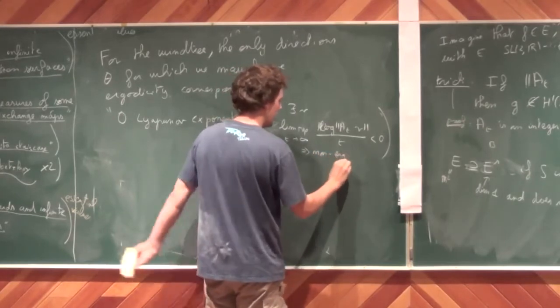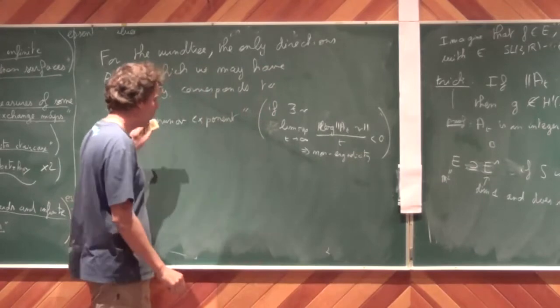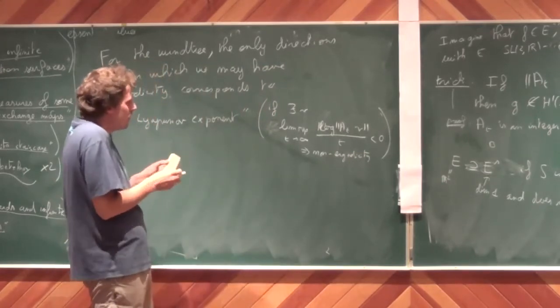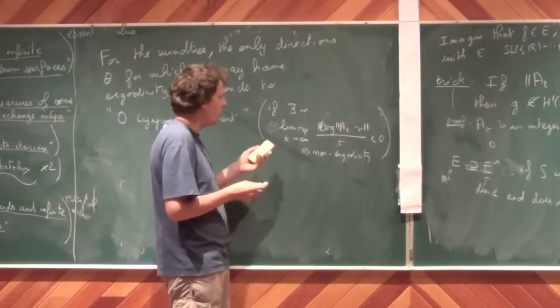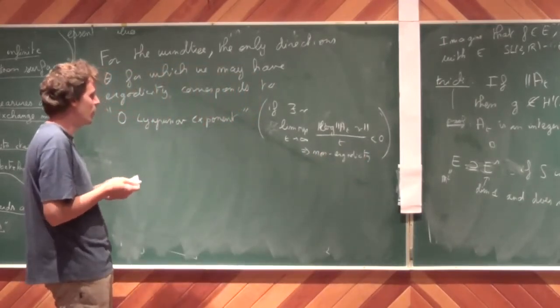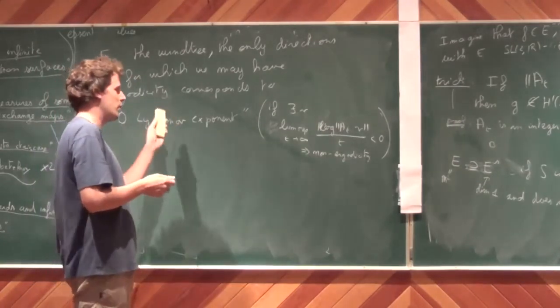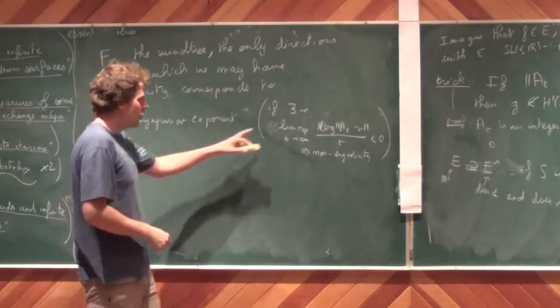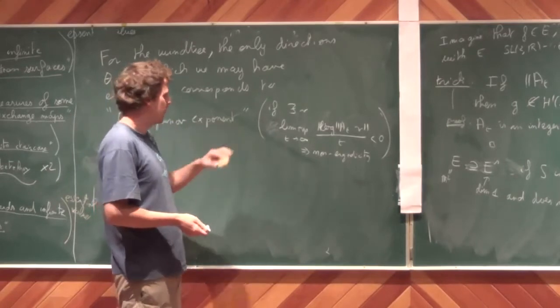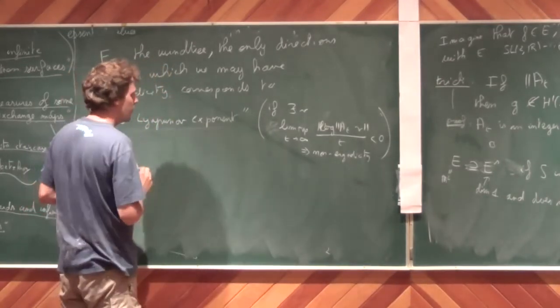So if you want a candidate for ergodicity, this should go to 0. This should be greater or equal to 0. And this corresponds to the Lyapunov exponent, because if you have something which grows positively, you have a negative Lyapunov exponent as well.